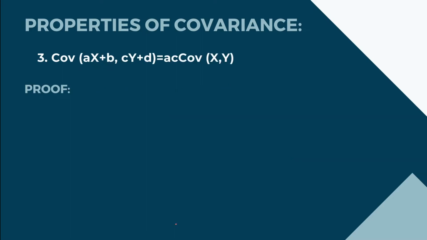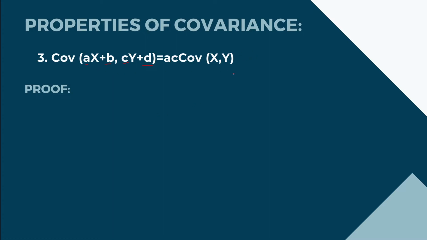Now we shall consider the third property, which is the effect of change of origin and scale on the value of covariance. Here we are adding b and d, means b and d are origins, and we are multiplying with the constants a and c. a and c are the scales.